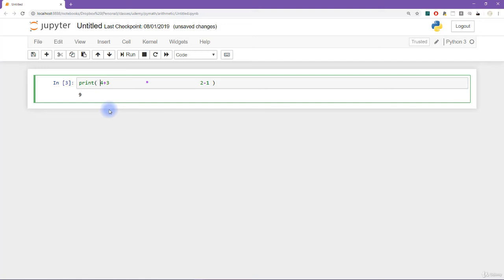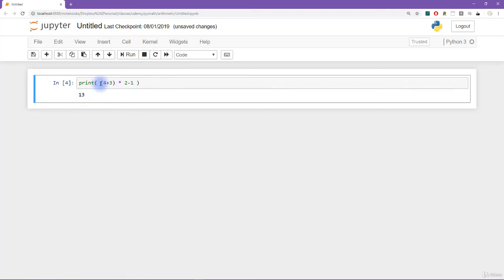So remember, parentheses was the first order of operations in please excuse. So now I put 4 plus 3 in parentheses, and I'll get rid of a little bit of this spacing, it's a bit excessive here. Okay, so now we have (4 plus 3) times 2 minus 1. So now we get a different answer, and let's see if we can figure out why we get this answer here.